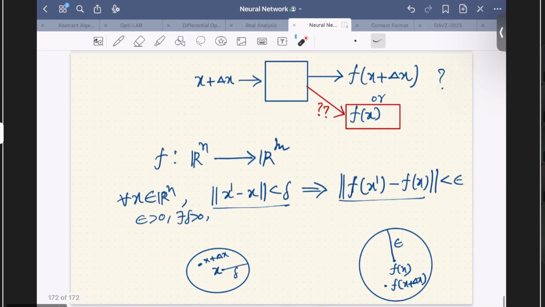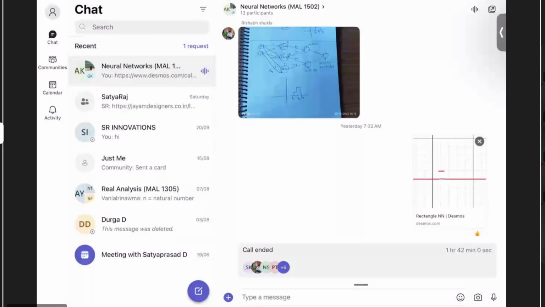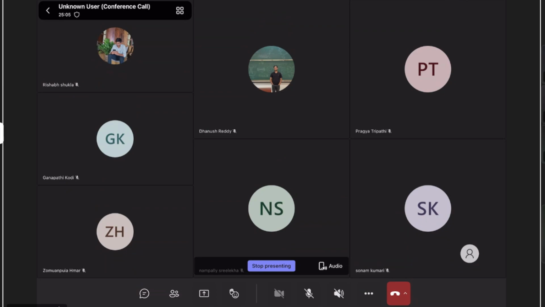Suppose you pass this x in the delta region, in the epsilon region, it should give the same f of x everywhere, whatever you pass within this delta.